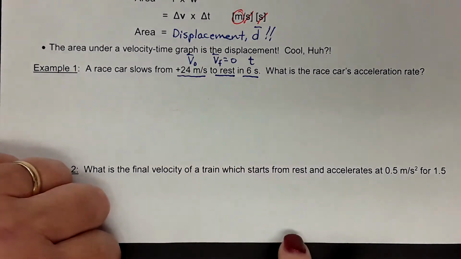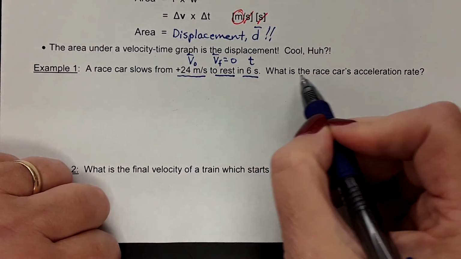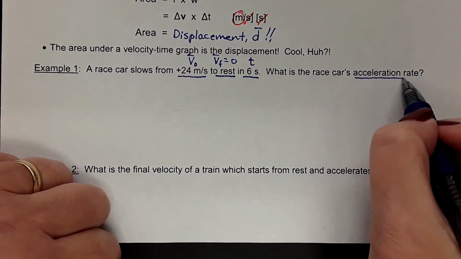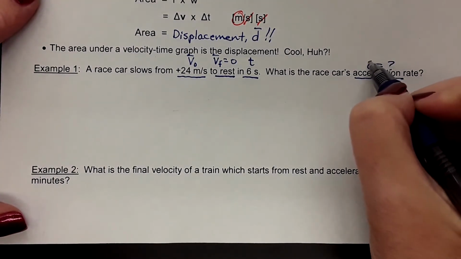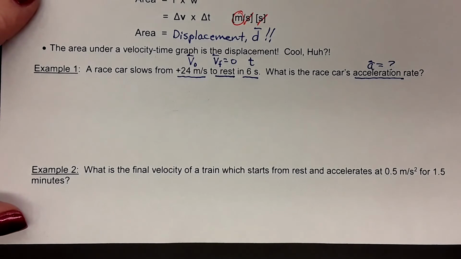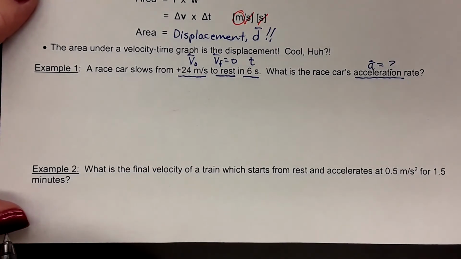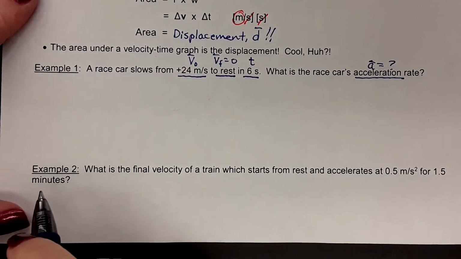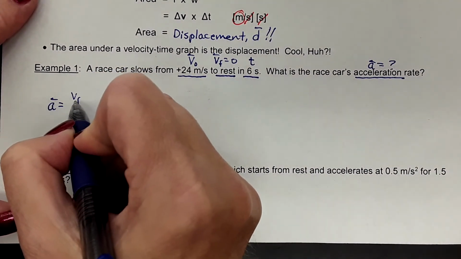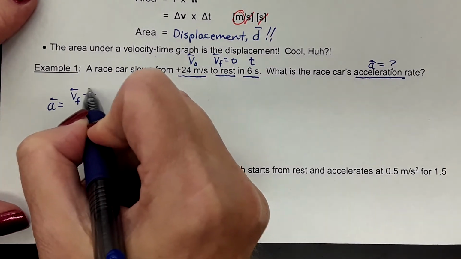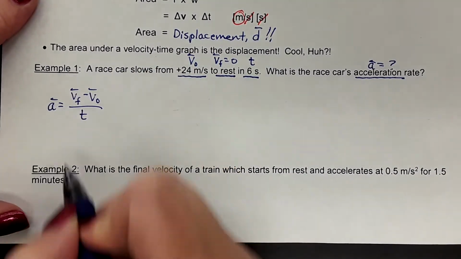Now, next step, what are we looking for? What is acceleration rate? We want the acceleration, okay? That's what we want. We want the acceleration. Right now, we only have one single equation with acceleration in it, and I kind of guess we got to use it, don't we? And that would be a equals vf minus v sub o, over t.